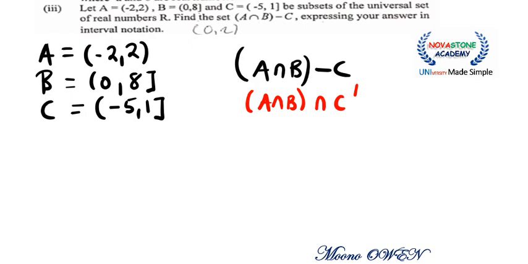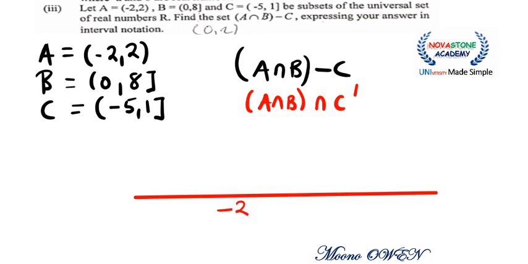Now that we've got all the information that we need, allow me to use a number line to come up with our solution. So if this is our number line, let's write A. A we're saying is from -2, let's say 2 is here.